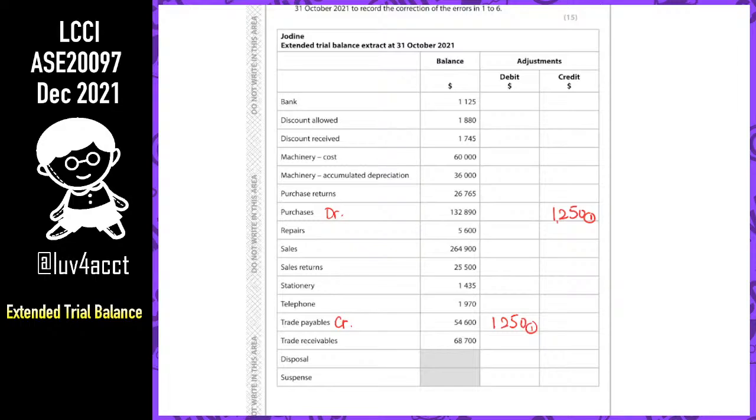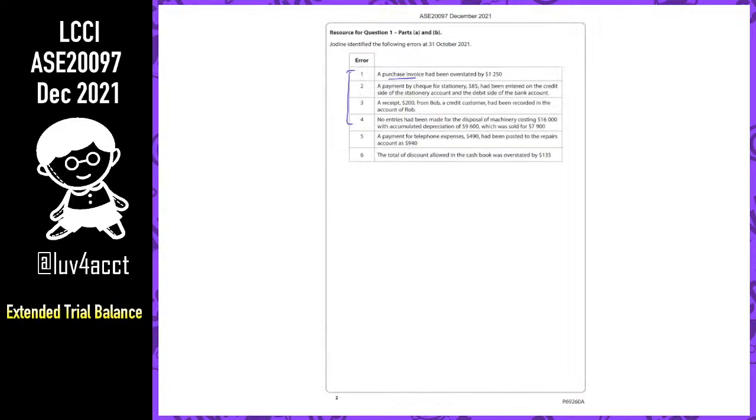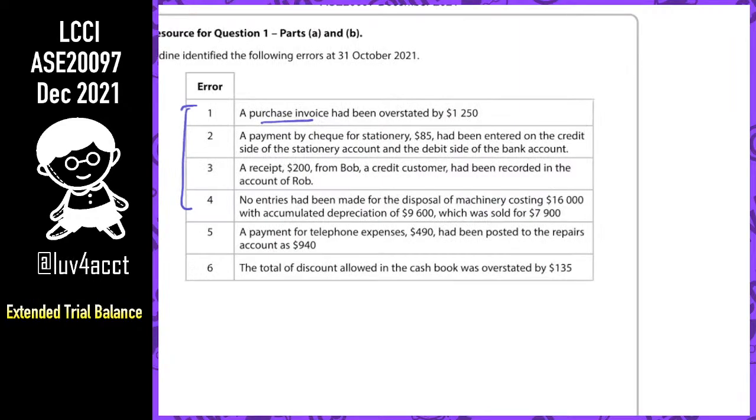Next, item 2. A payment by check for stationery 85 had been entered on the credit side of the stationery account and debit side of the bank account. If we have a payment for an expense, credit bank, debit the expense.